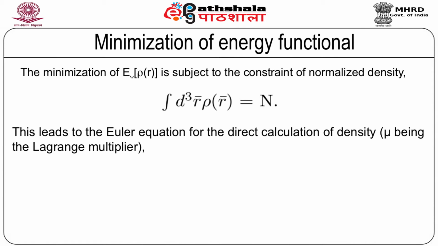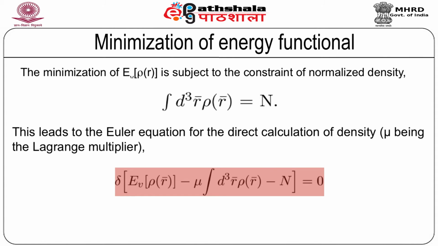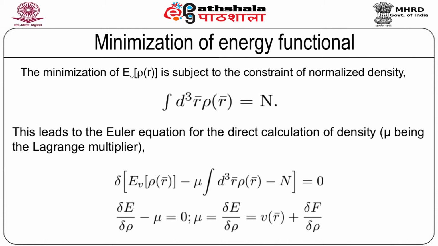Mu being the Lagrange multiplier, the Euler equation is given by the variation of E_V minus the Lagrange multiplier times this constraint equal to 0. Taking into account this variation, this gives delta E over delta ρ minus mu equal to 0, or in other words, mu is equal to delta E by delta ρ equal to V(r) plus delta F by delta ρ.